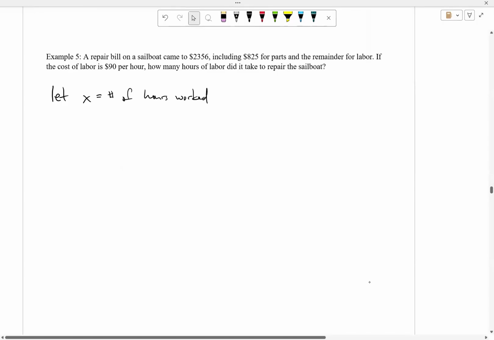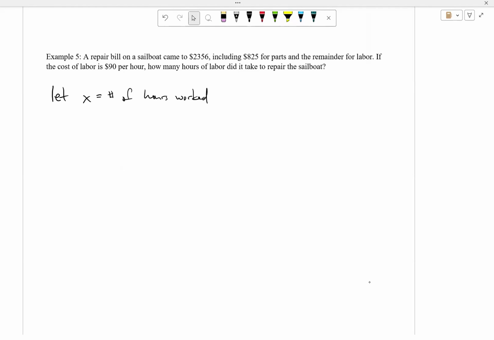How do you know how much of the money was used for labor? Because it says for parts and labor. Good question. But if only we knew how much it was for parts. It came out to $2,356, but it says including $825 for parts and the remainder for labor.